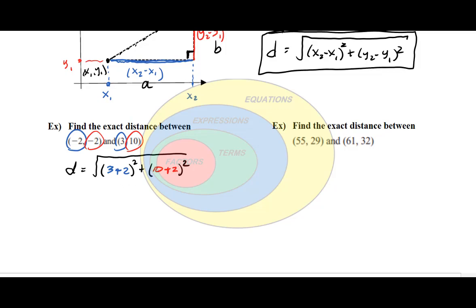So now we just need to simplify the square root, so d equals the square root of 3 plus 2 is 5 squared, plus 12 squared.